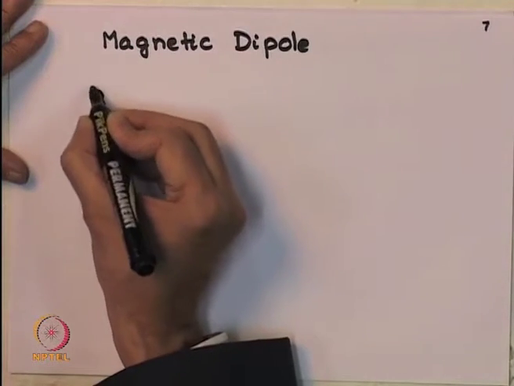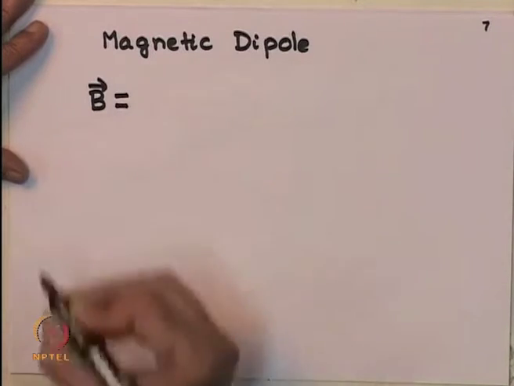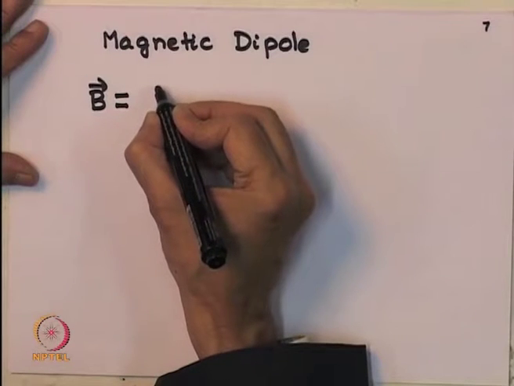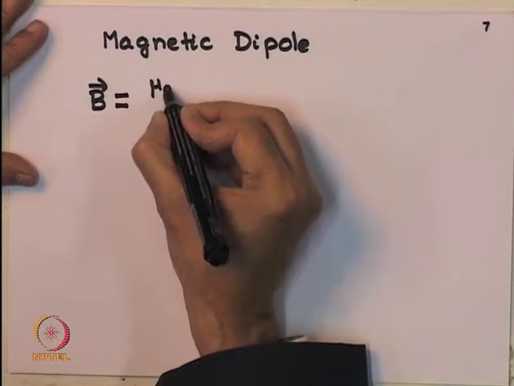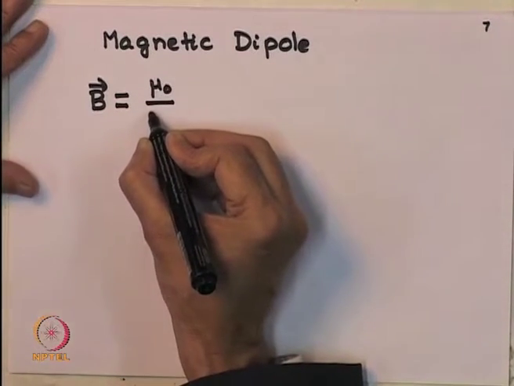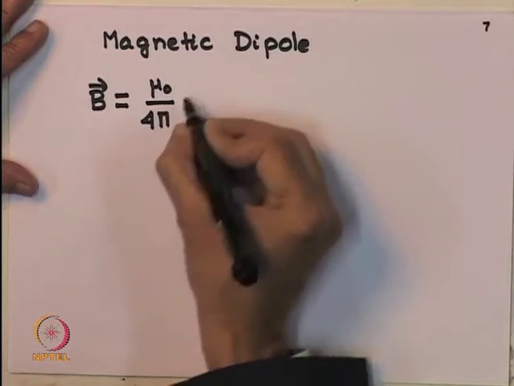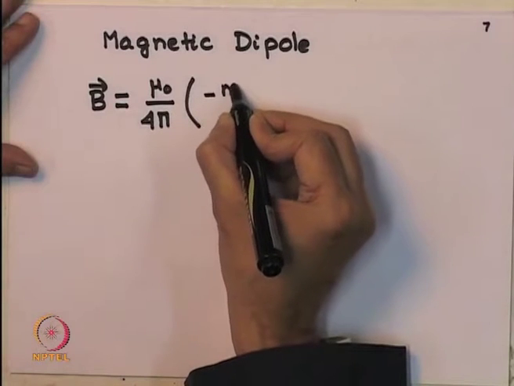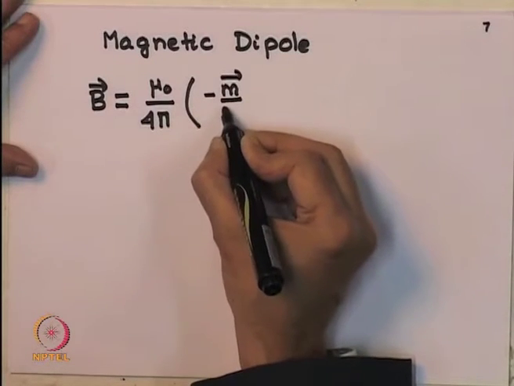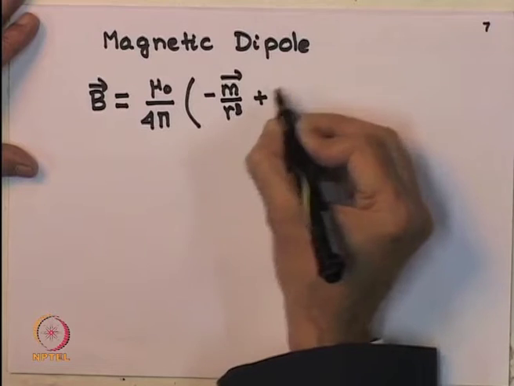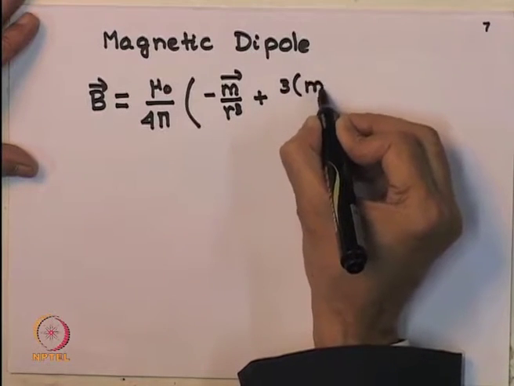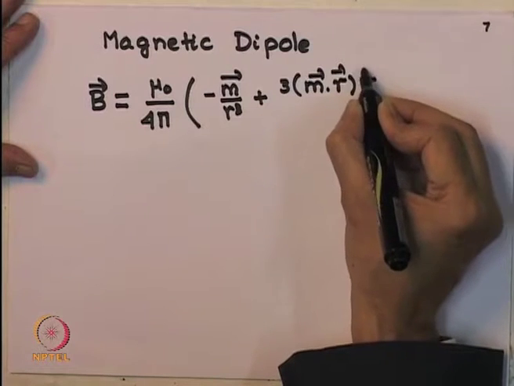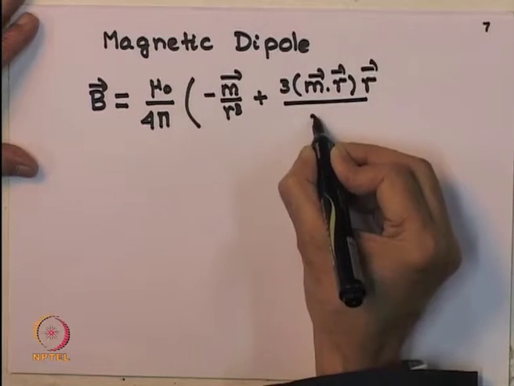The magnetic field corresponding to a circular current carrying loop, in the coordinate free representation, was written in one of the earlier lectures to be minus m by r cube plus 3 m dot r times r divided by r to the power 5.